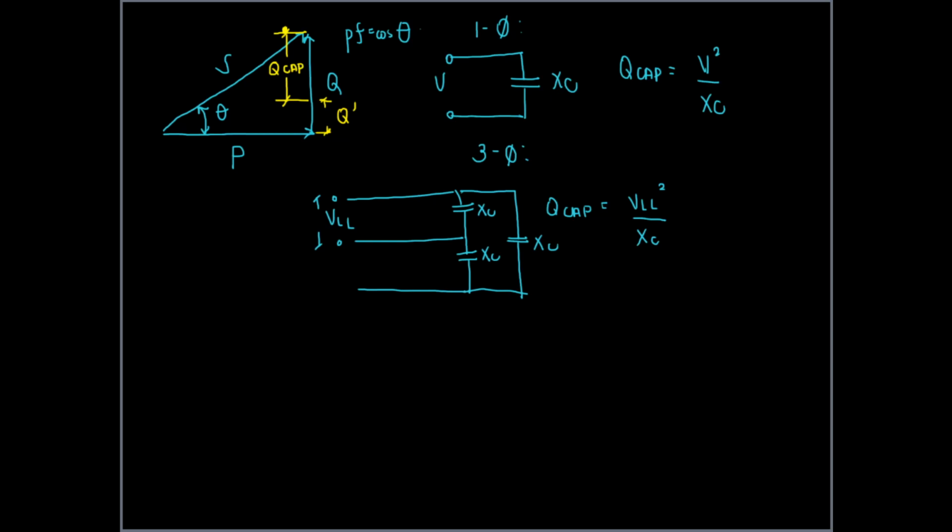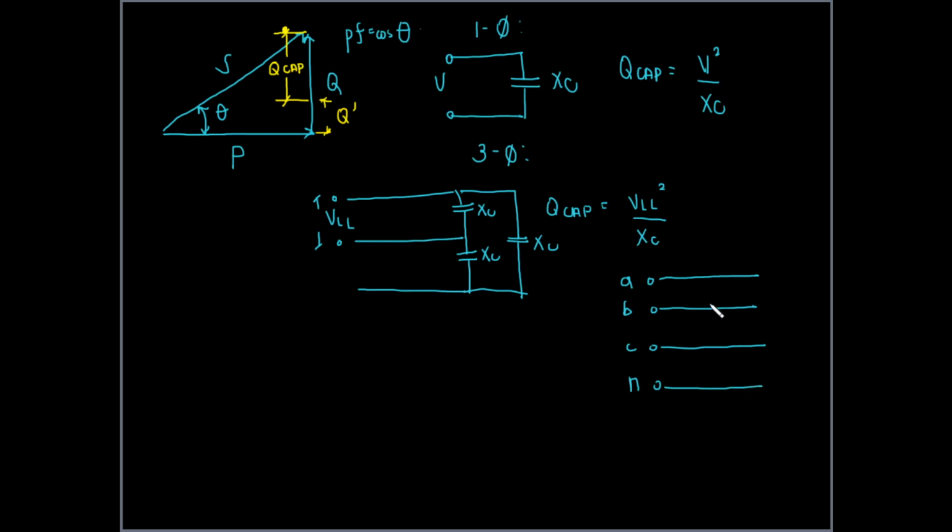However, that's not the only way you could connect your capacitors. You could also connect them in Y. So if you connect them in Y, if these are your three lines, say this is line A, line B, and line C, you should have here a fourth line, which is your neutral.